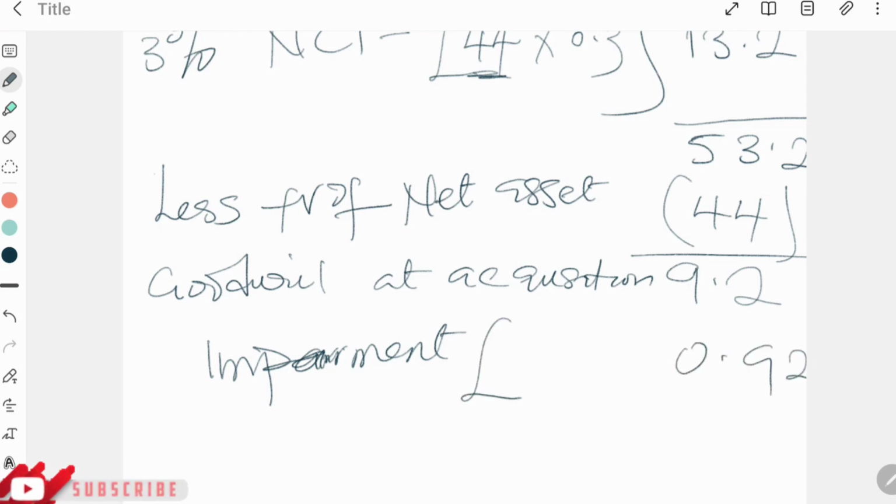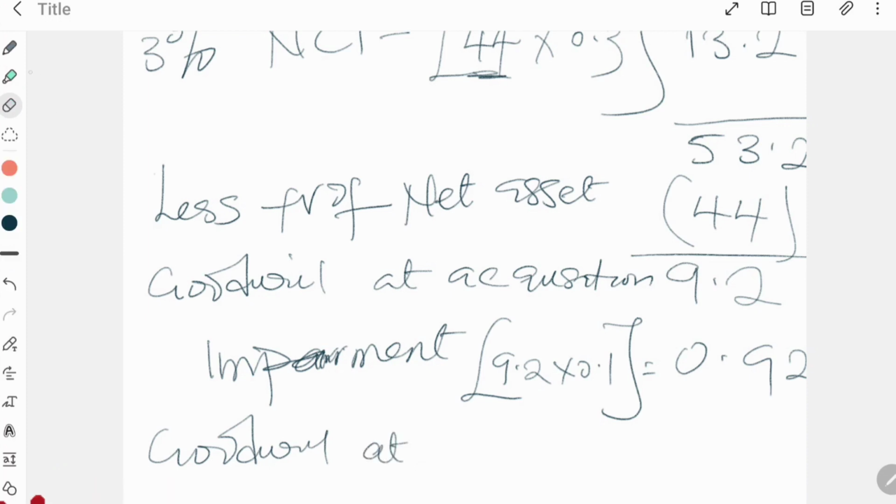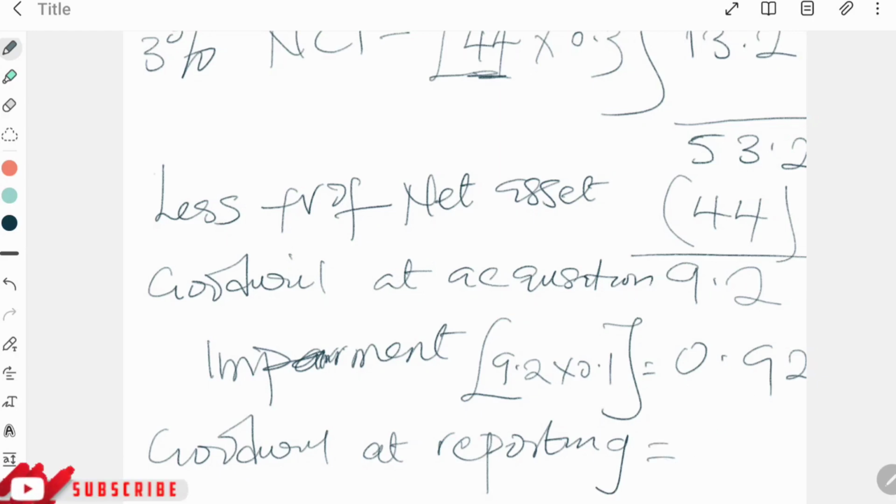So what you're left with as goodwill at reporting is 9.2 minus 0.92, which equals 8.28. This is your goodwill at reporting date.